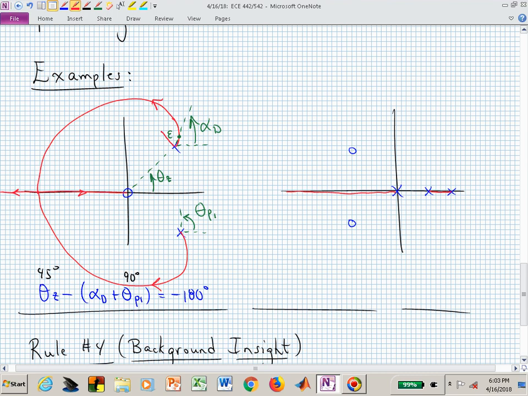I see 2 segments. Huh? Where do I have 2 branches? This guy is going to the right, this guy is going to the left.